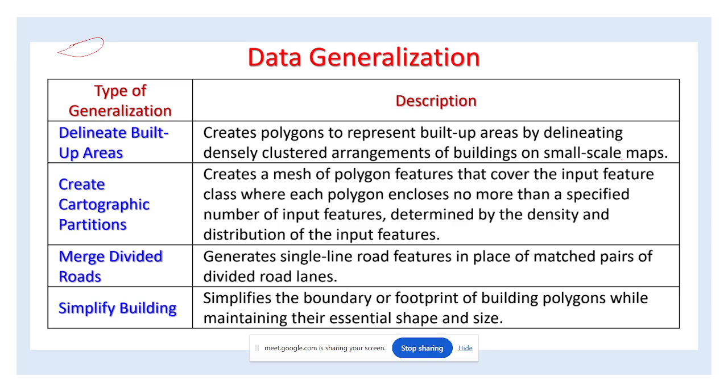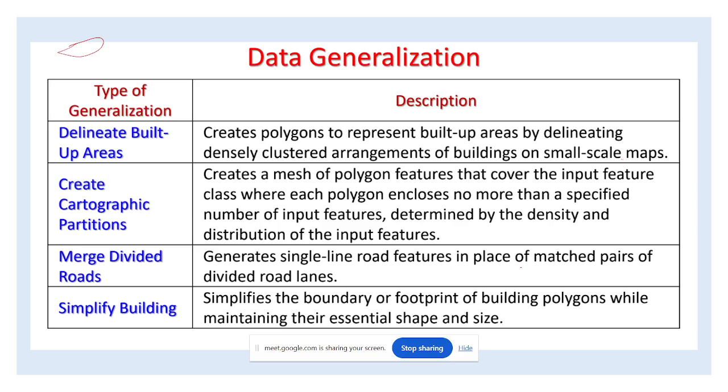Then we have the cartographic partitions. Here it creates a mesh of polygon features that cover the input feature. Then we have merge divided roads. It generates single line road features in place of, it's basically what I discussed earlier also, but you have these different types present.